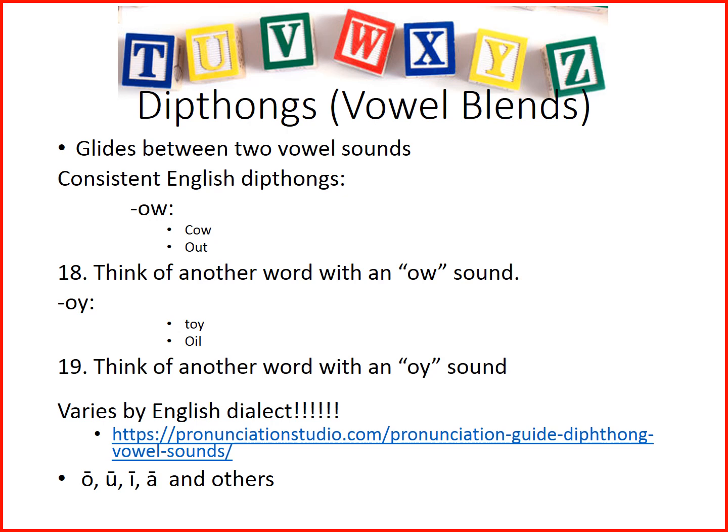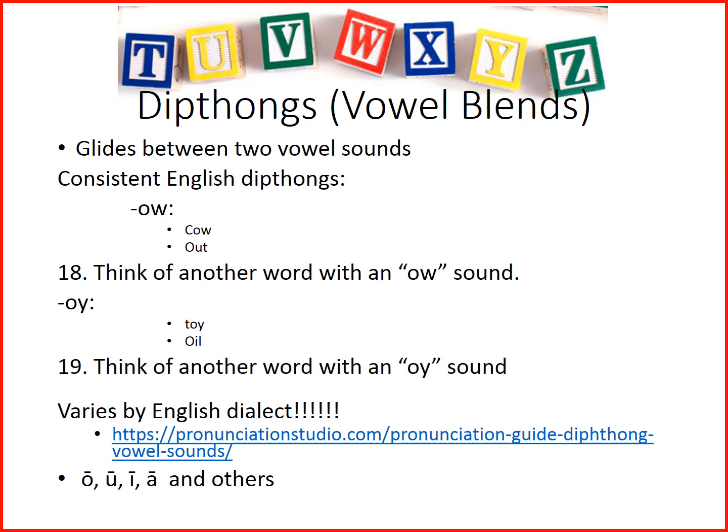I'm only going to hold you accountable for the two most consistent diphthongs in American English, which are the ow and the oi sound. So I'll be asking you in the future about words and spellings for ow and oi.